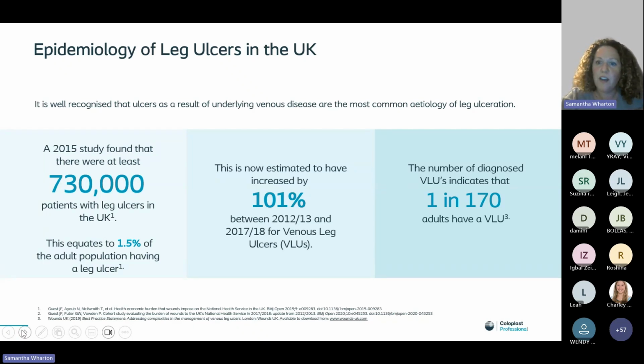The number of diagnosed venous leg ulcers indicates that 1 in 170 adults have a venous leg ulcer. So if you're working with patients with wounds, more than likely a higher proportion of the wounds that you see will be patients with lower limb wounds, and most of those will be venous in nature.